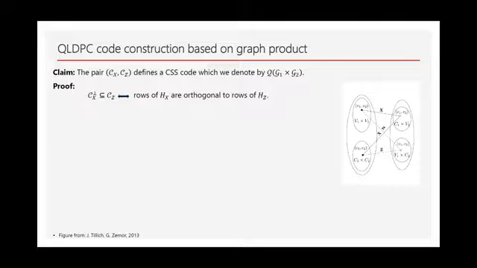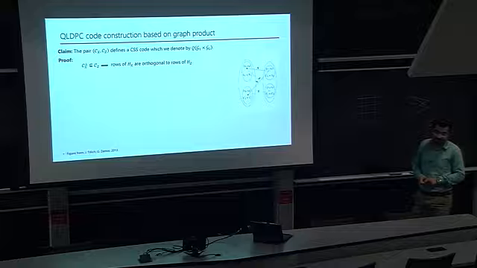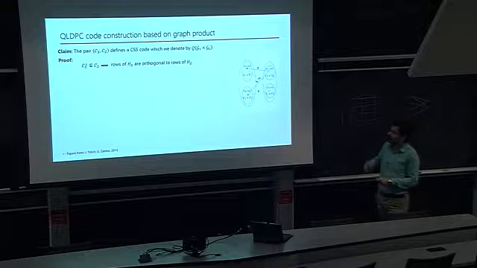Remember that if we look at a check vertex of the corresponding Tanner graph, say C1, V2, then the row corresponding to that is the characteristic vector of the neighbors of that vertex.